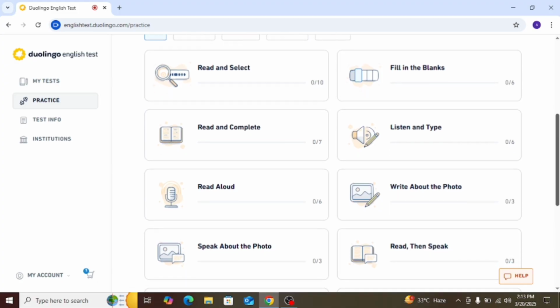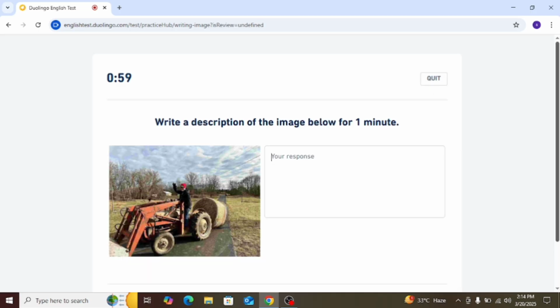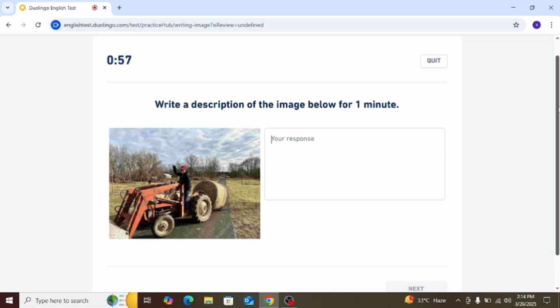Here is another part that is right about the photo. So Duolingo gives you a photo or image, and we have to describe what is in the image.